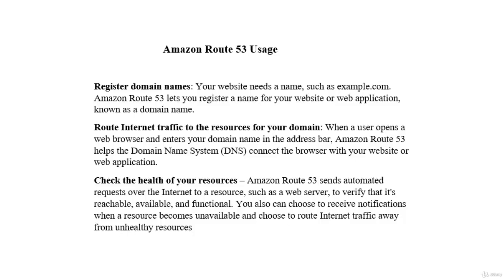And if one region goes down, how are you going to provide high availability to users? In that case, we have to create some health checks, and these will be done by Route 53, and it will tell that this instance is not healthy, so let's pass this request to some other instance which is in some other region. So it will provide region-wise high availability.